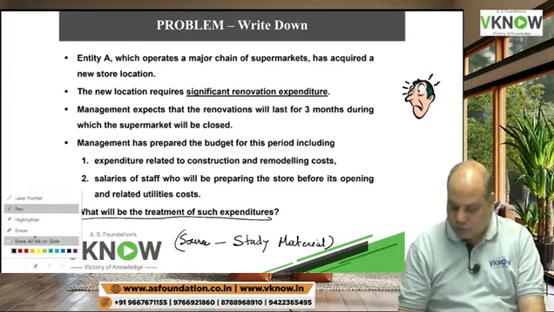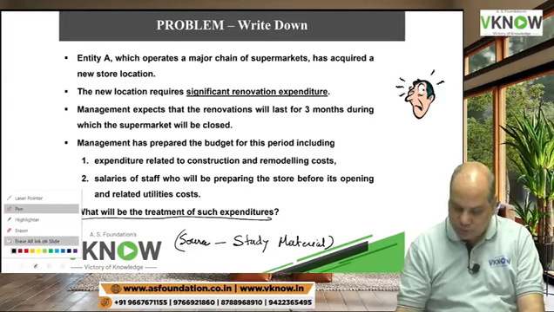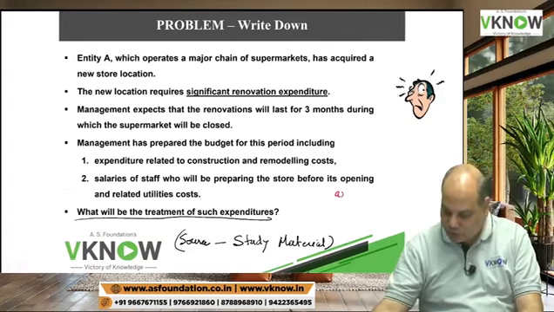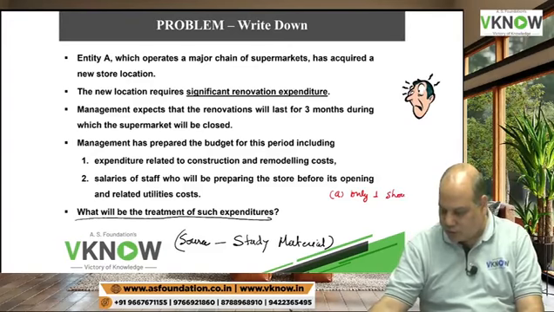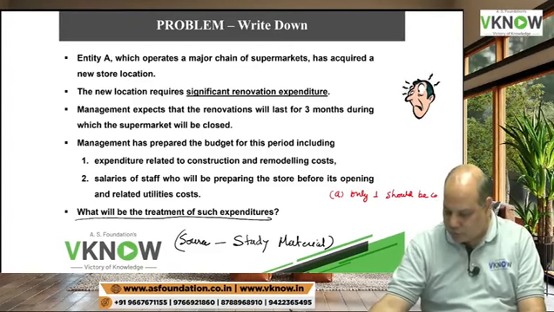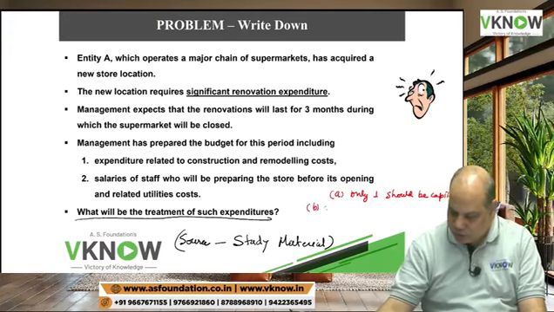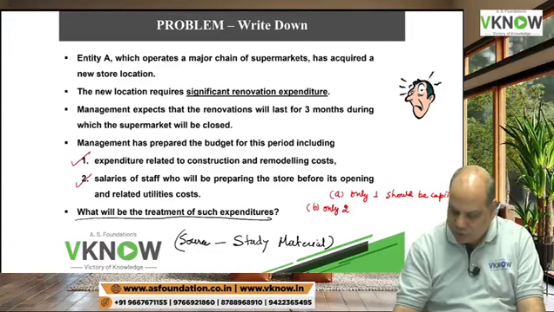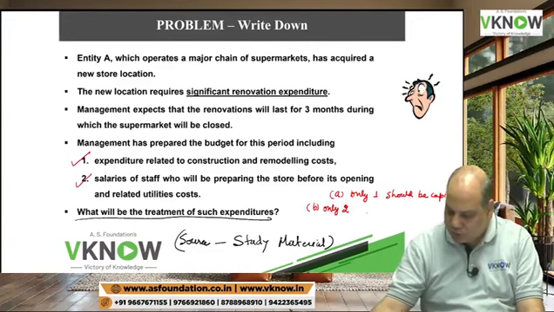So I will give you four choices this time. Option A, only first one should be capitalized. Option B, only second one, this is one, this is two, only second should be capitalized.